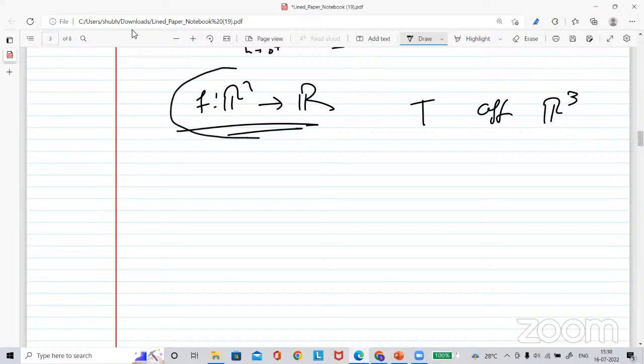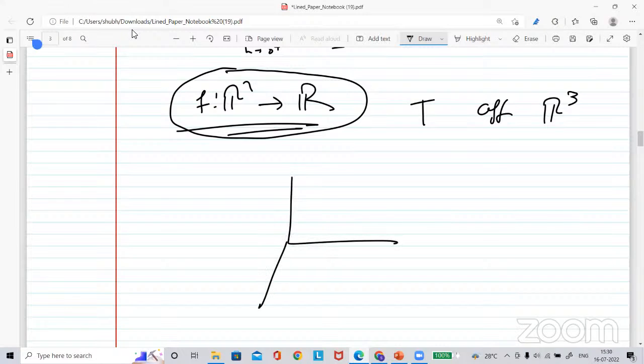See tangent. Once you got the tangent, what do you mean by the graph of this function lying in R3? This function is from R2 to R. When you graph this function, you need an extra dimension. This is the x-axis, this is the y-axis.